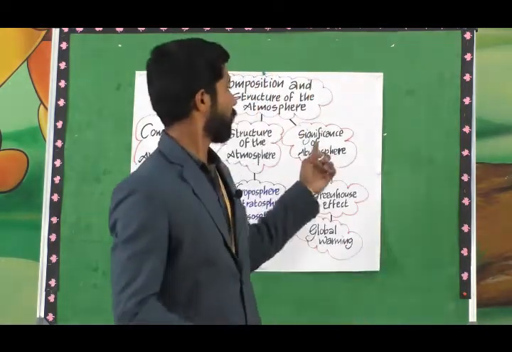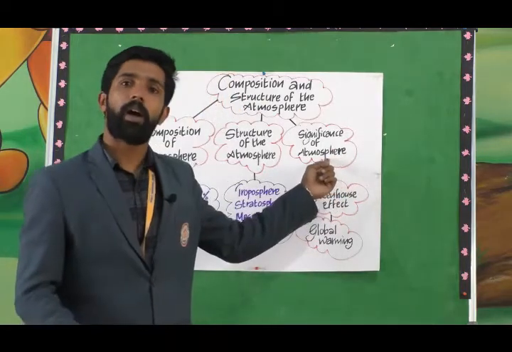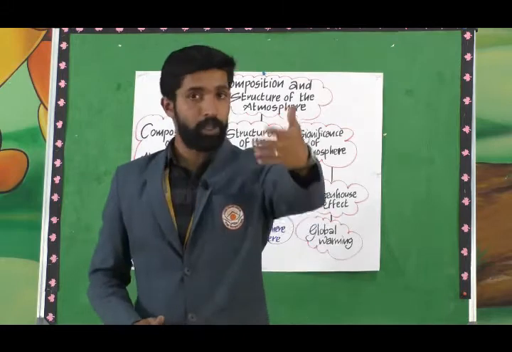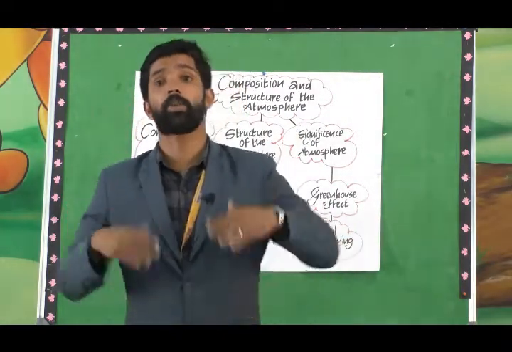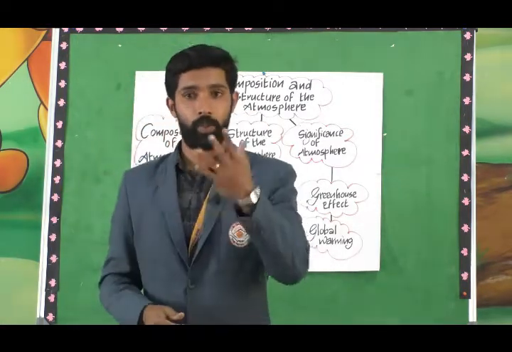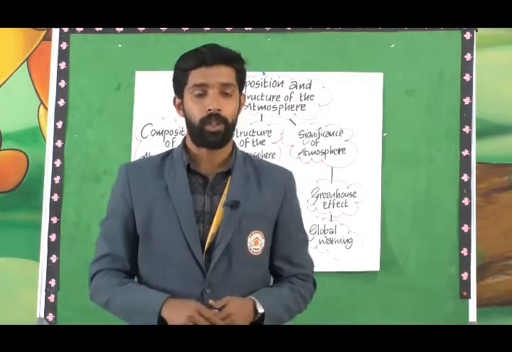And also we discussed the significance of the atmosphere. See, the components of the atmosphere are useful to us in various ways. The first one was nitrogen, which is required to maintain or provide fertility to the soil and is vital for plants.